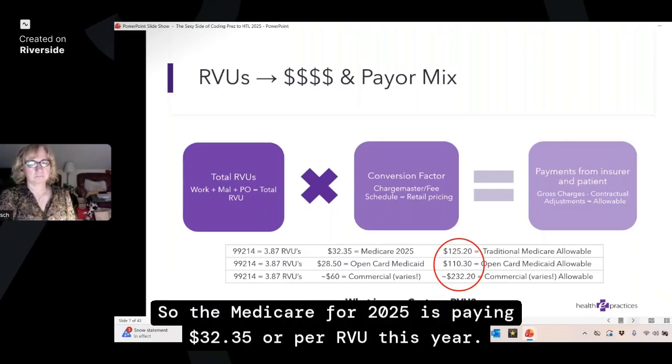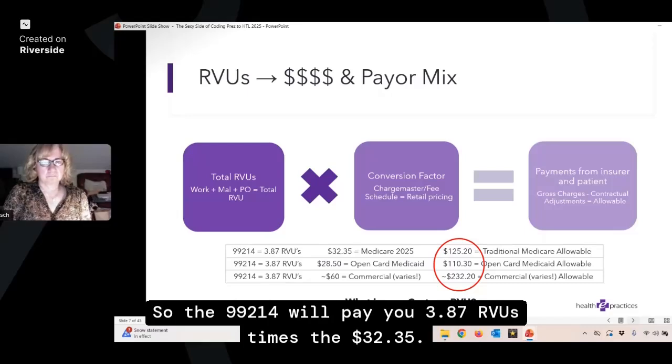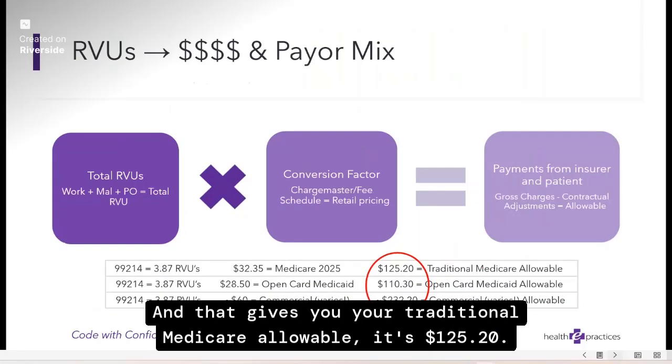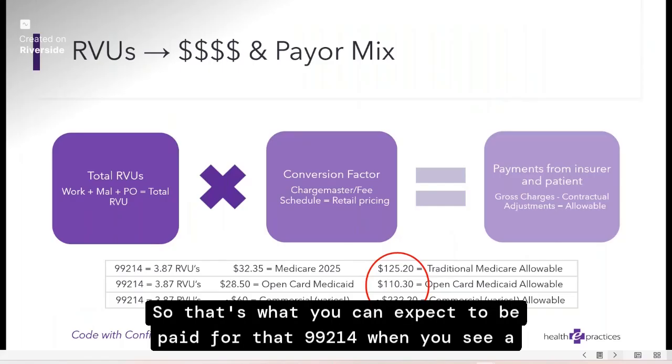Medicare for 2025 is paying $32.35 per RVU this year. The 99214 will pay you 3.87 RVUs times the $32.35, and that gives you your traditional Medicare allowable of $125.20.